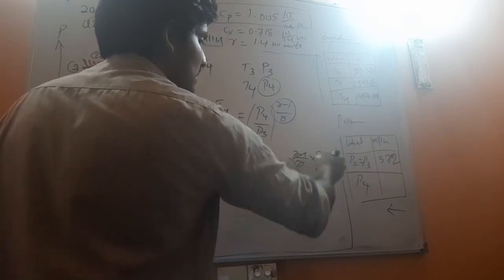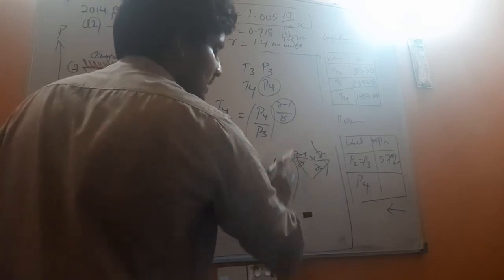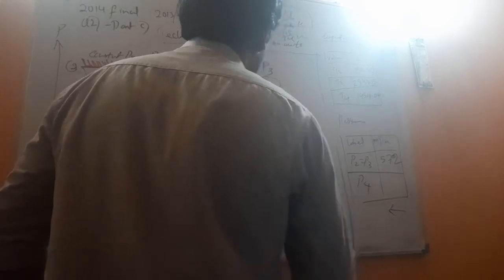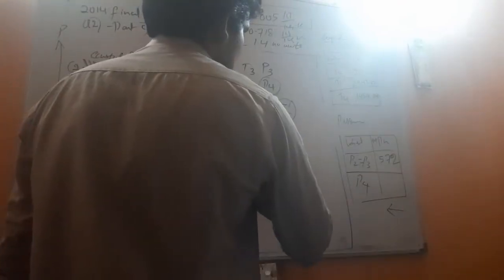This gets cancelled, this gets cancelled, so you would be getting P4 divided by P3. You can put this P3 to that side and find P4. Well done.